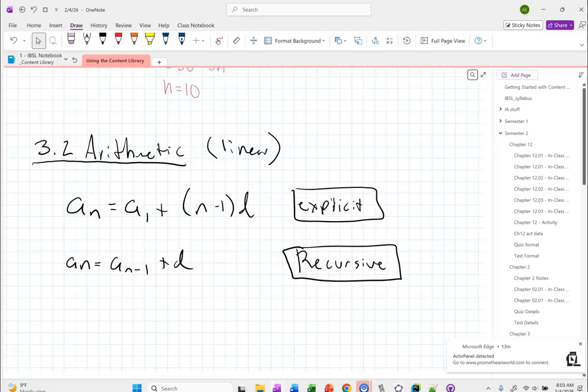Now, recursive formulas tend to be easier to write, but they're a little bit of a hassle to deal with because if I want the 10,000th term, I probably have to calculate the 9,999 terms beforehand in order to get that. Now, me doing that by hand stinks, but you know who's really good at repeated calculations? Computers, right?